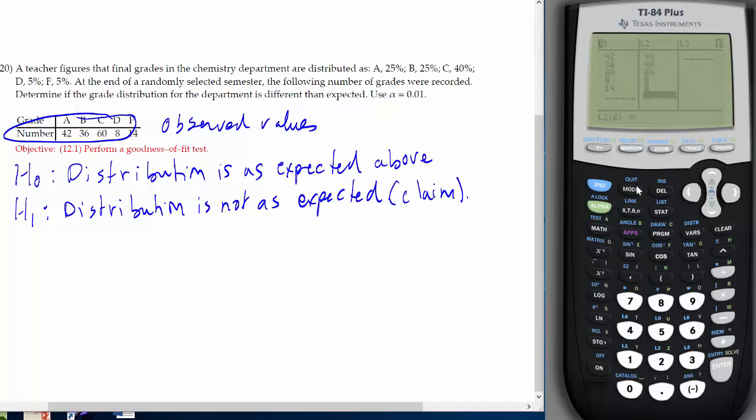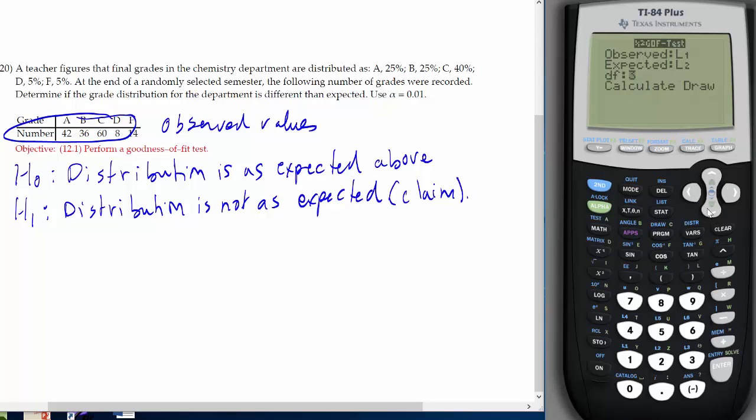Let's quit, and we go to STAT, TESTS, and you can scroll up, and the test is chi-square goodness of fit test. As you can see, the calculator is asking me, are the observed values in L1? Yes. Expected values in L2? Yes. Degrees of freedom.